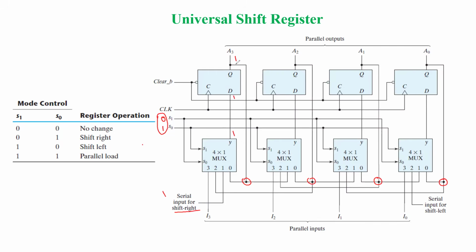Then it is connected back to port 0 as well as port 1 of the next multiplexer. So the output of the previous flip-flop is the input to port 1 of the next multiplexer. Finally this 1 comes here, and the same 1 is available at the output of this flip-flop also.